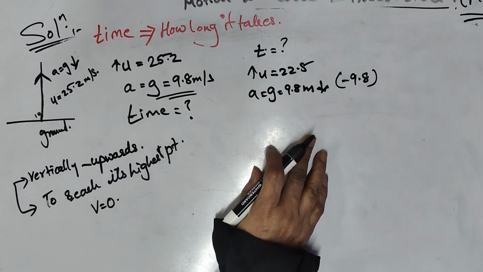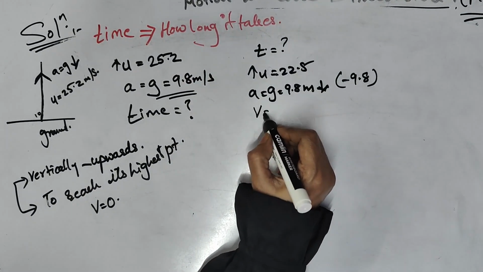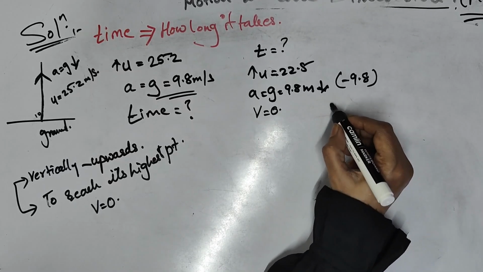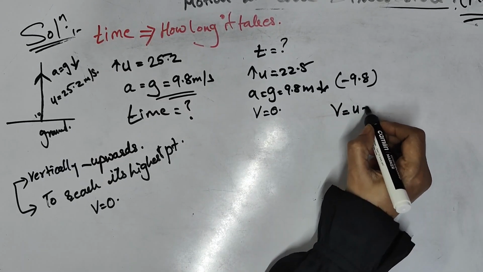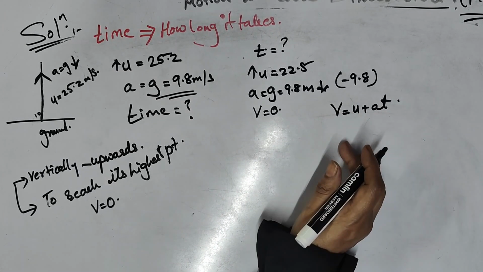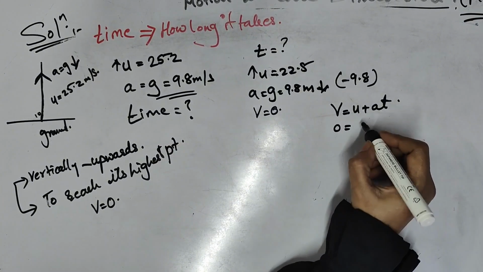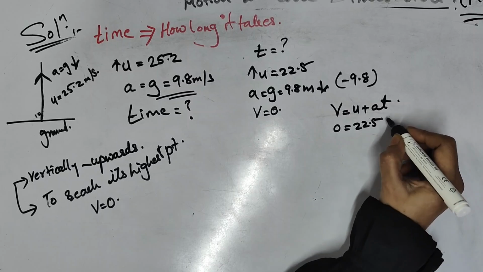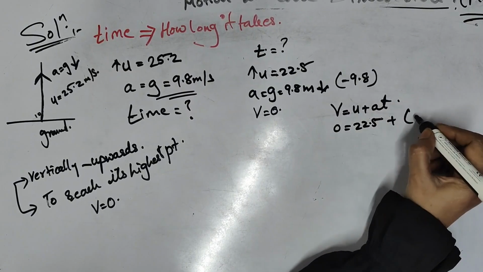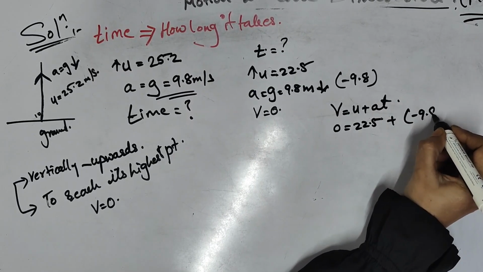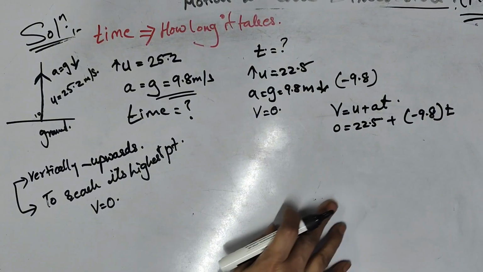Okay, and v is equal to 0, so we will use the formula v is equal to u plus at. ठीक है, now here we are taking v is equal to 0, u is equal to 25.2, plus at is equal to minus 9.8 t.